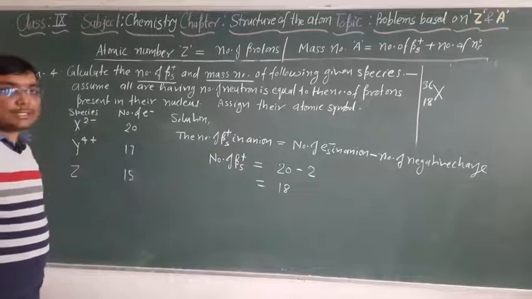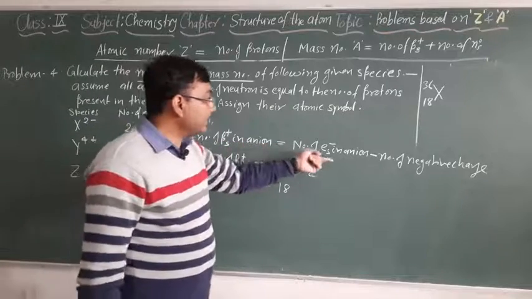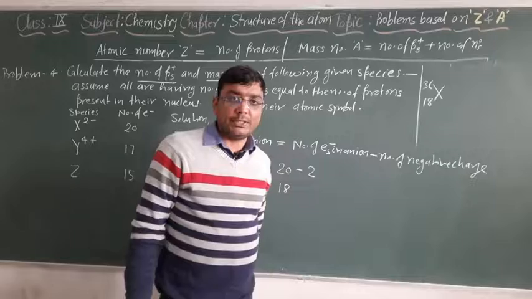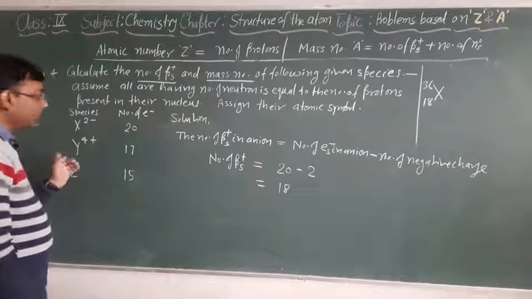So this is another method. Through the formula we can solve: number of protons in anion is equal to number of electrons in anion minus number of negative charge. If negative charge given, then do minus. If positive given, then do plus.